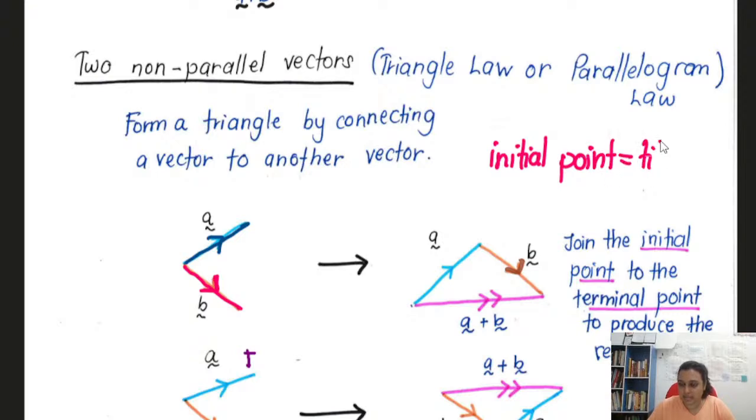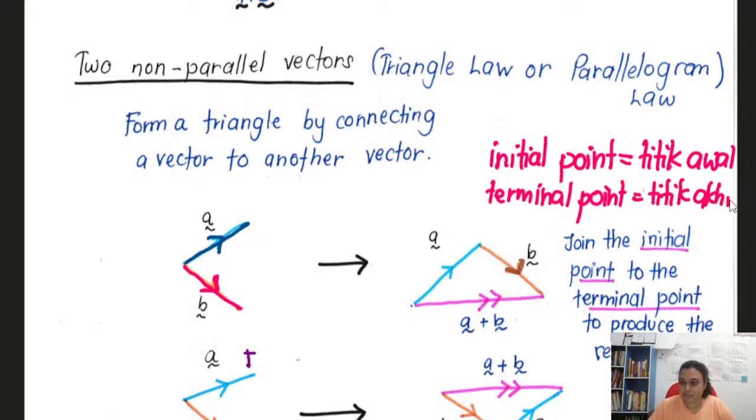Initial point ialah titik awal, terminal point ialah titik akhir. Take note of this first. Take note of this. English based student, initial, terminal. Okay, bahasa is easy. Awal and akhir. Okay. Terminal means the final point.